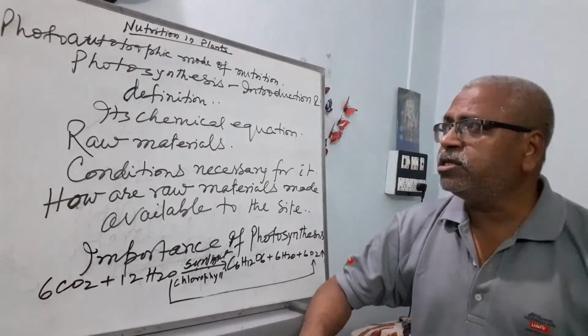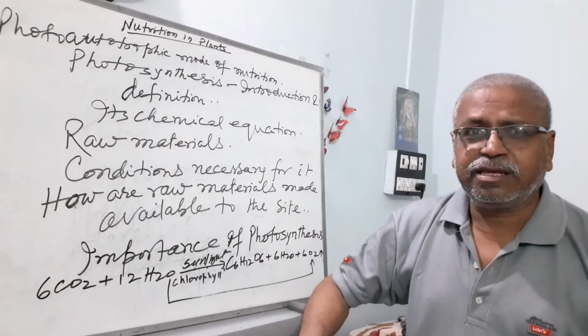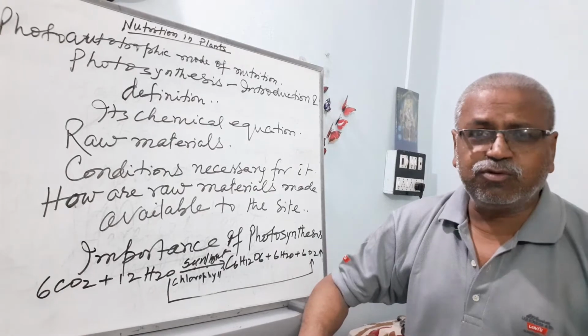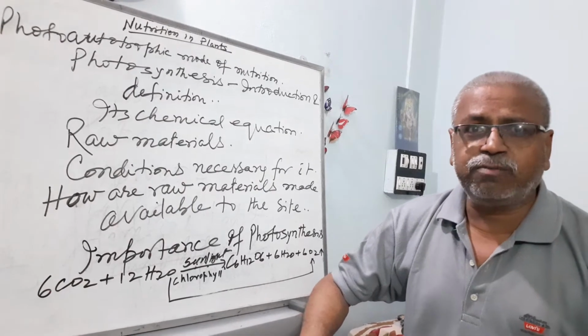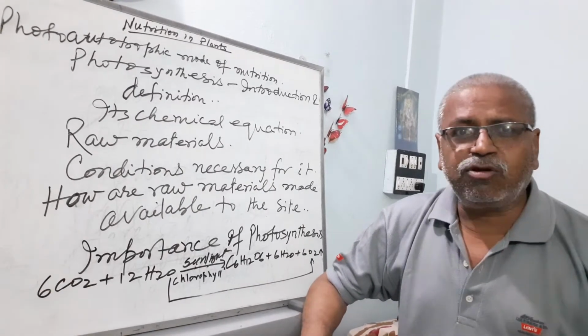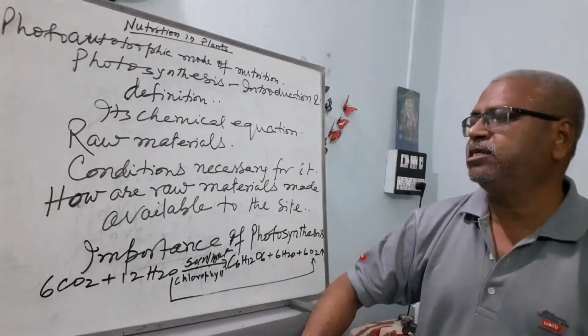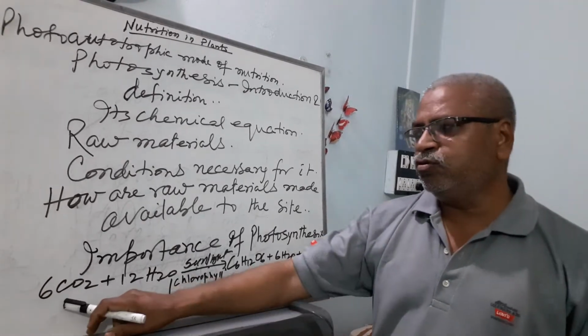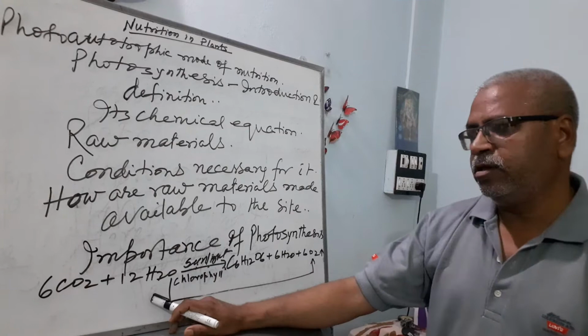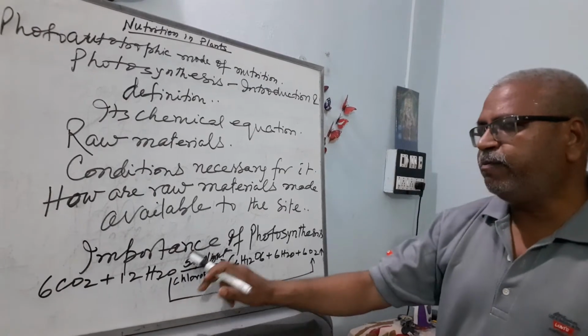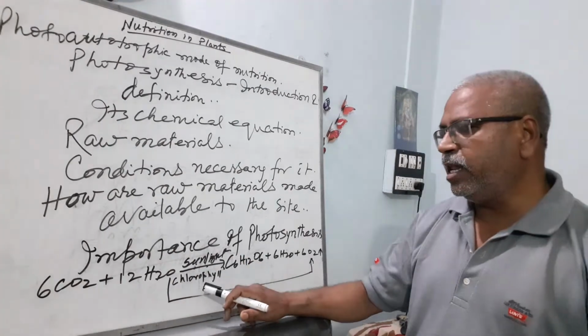And through this mode of nutrition, food, glucose, is formed from inorganic raw materials, CO2 and H2O, water, in presence of sunlight with the help of chlorophyll.